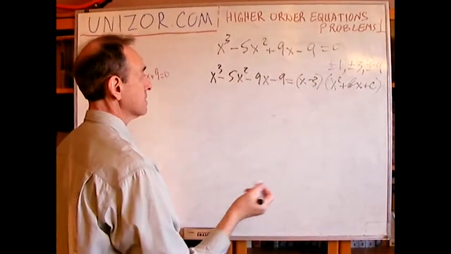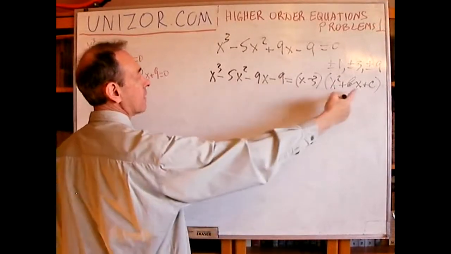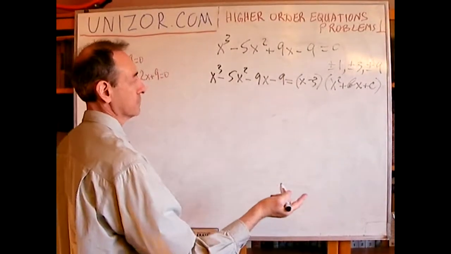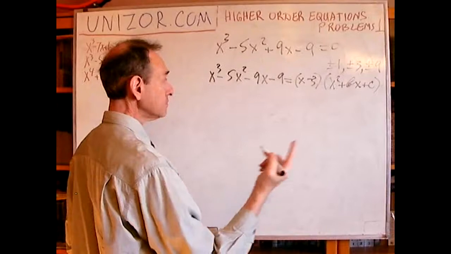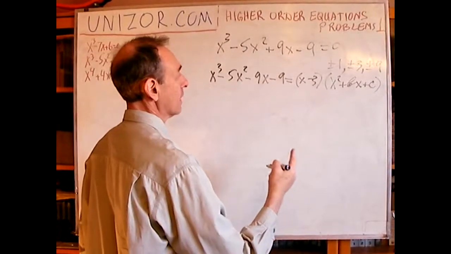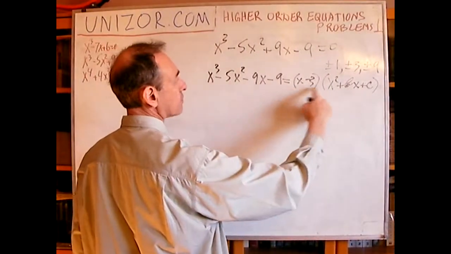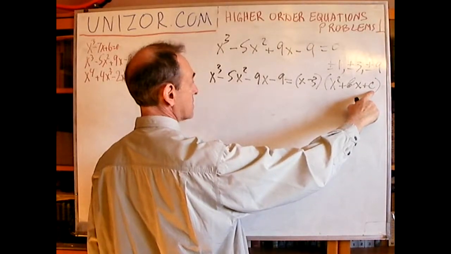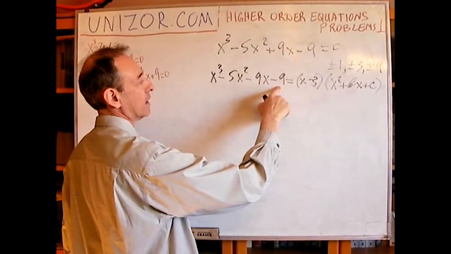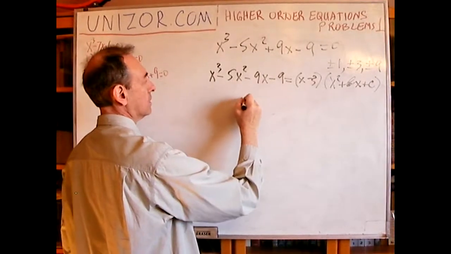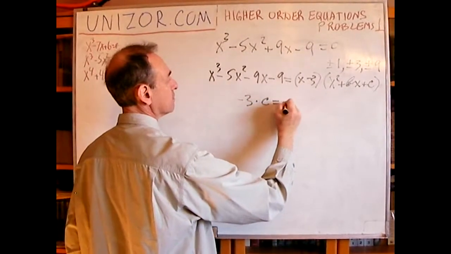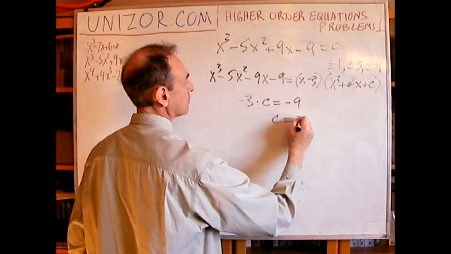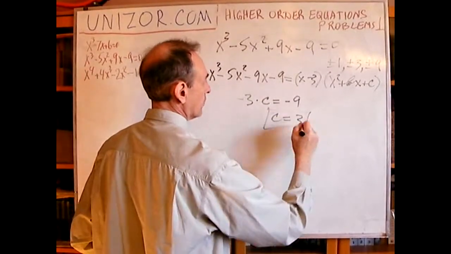Alright, fine, that's easy. Now let's multiply this and find b and c. Actually, c I can find right now. Minus 3 times c, that's the only free member without any x, and it's supposed to be equal to minus 9, right? So minus 3 times c is equal to minus 9, so c is equal to 3. We got that.